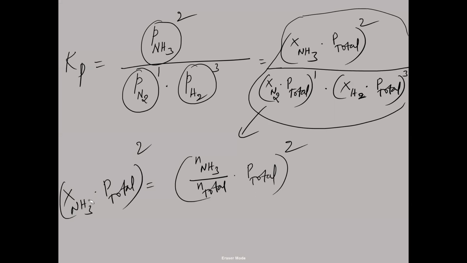So in place of X NH3 I wrote the number of moles of ammonia by total number of moles of gaseous mixture.